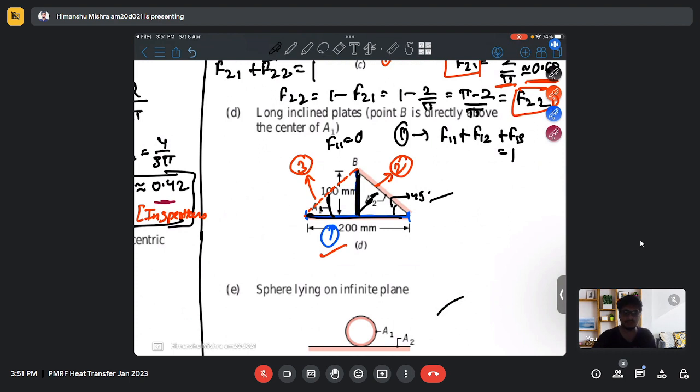This symmetry relation is valid only if there is a symmetry in the geometry, which means that F12 equals F13. And we can put this back in the summation rule, and we can find that F12 is 0.5 and F13 is 0.5.